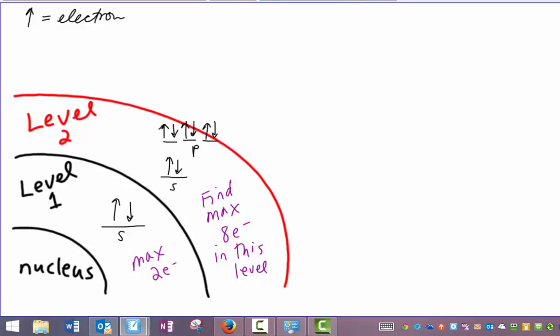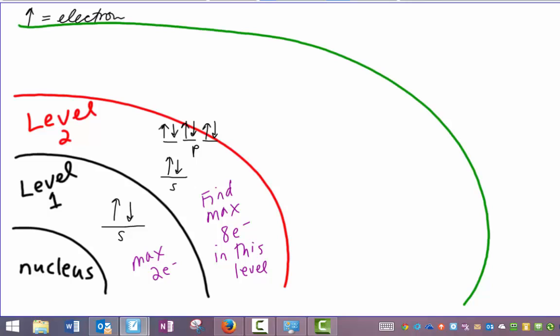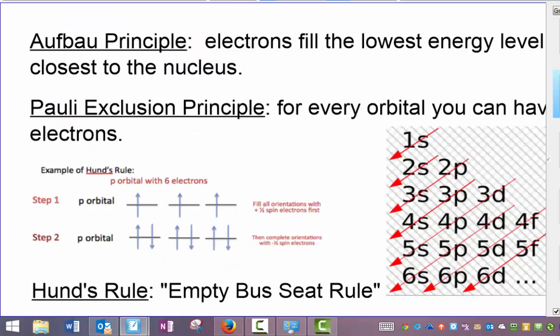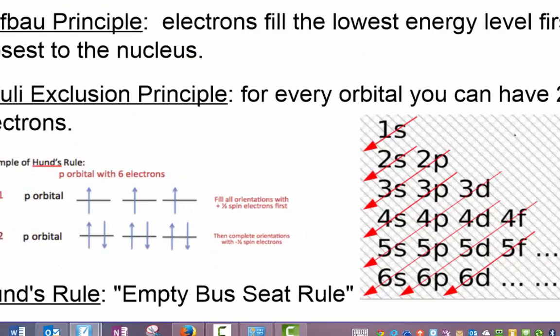Let's draw that third level. I'm going to draw this kind of weird because you start to get an overlap of levels, which is kind of funky. So we're going to draw level 3. Remember, we have to start off with S. If you don't know what order to start in, check out this diagram.